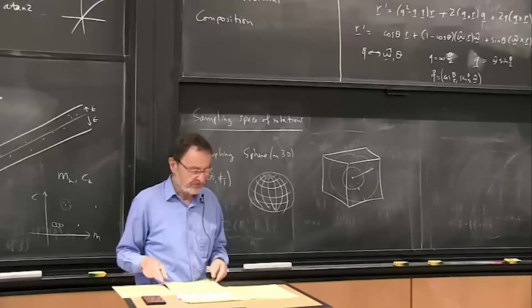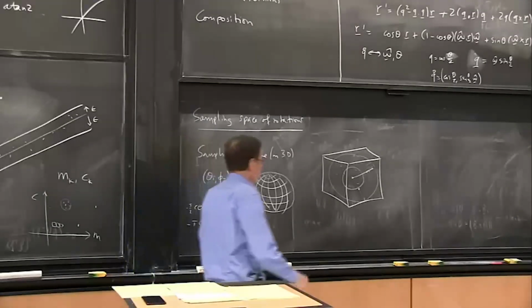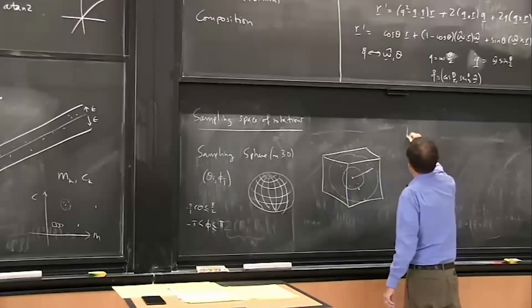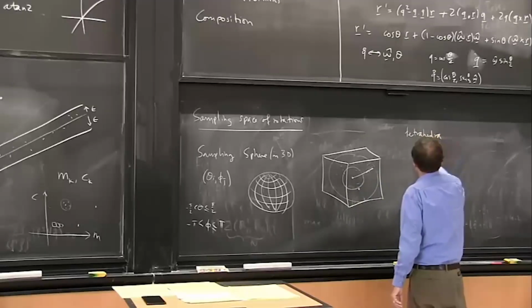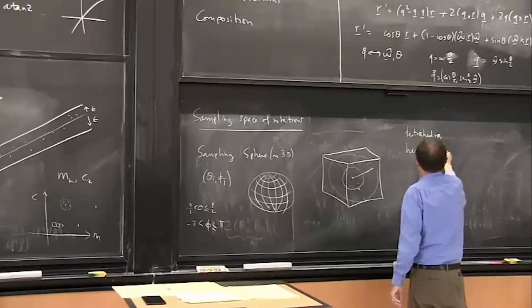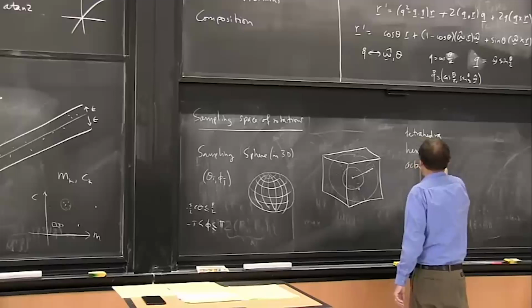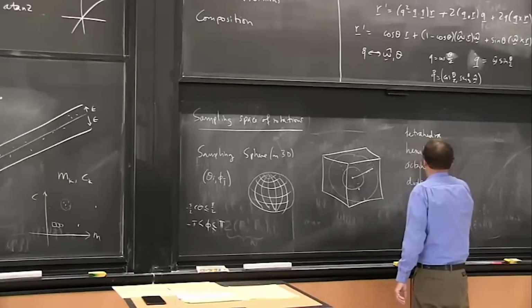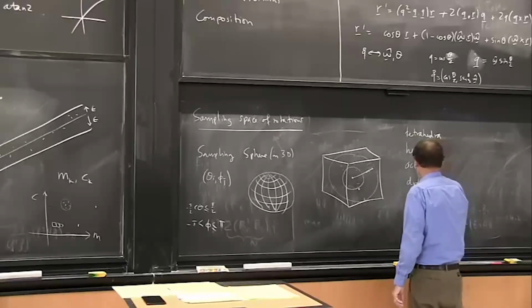Now, there was mention of regular polyhedra, so that's an important thing to think about. So what are they? Well, they're tetrahedra, hexahedra, octahedra, dodecahedra, and icosahedra.